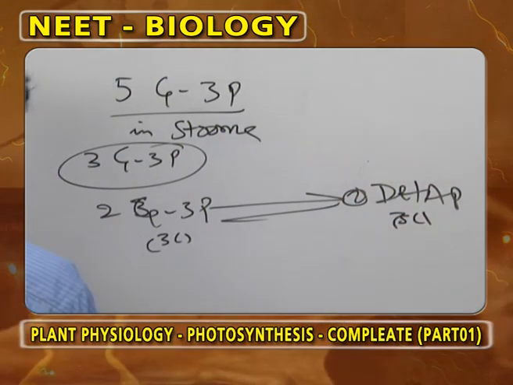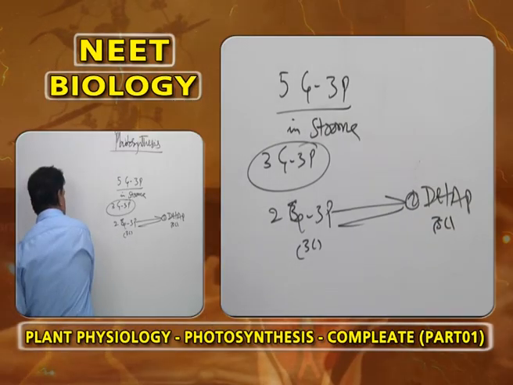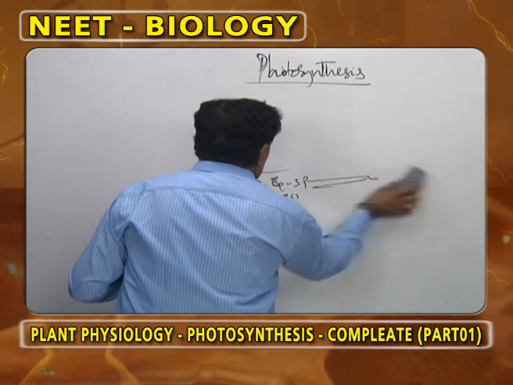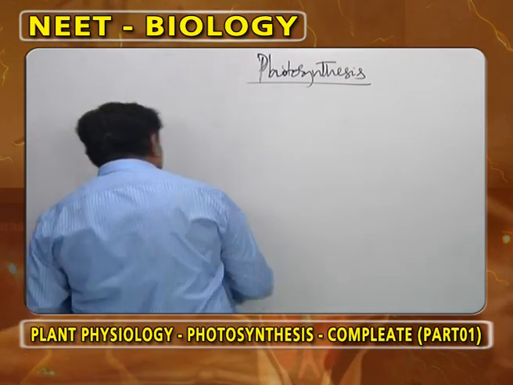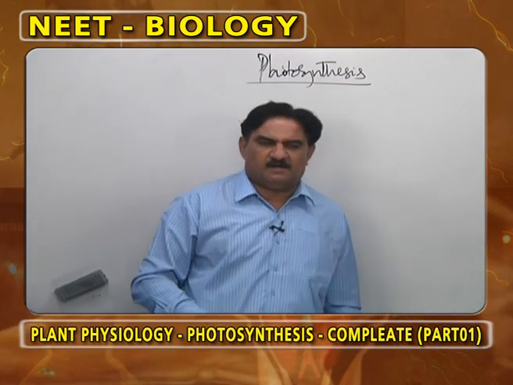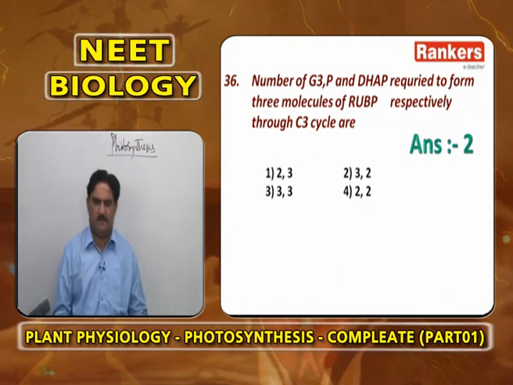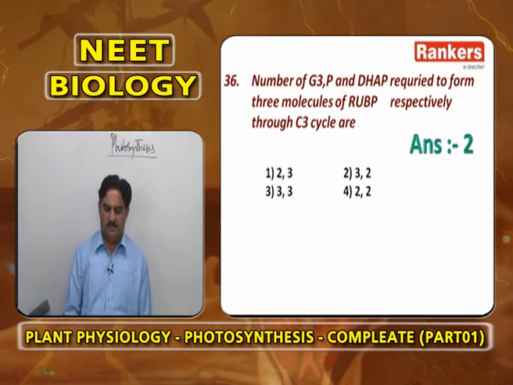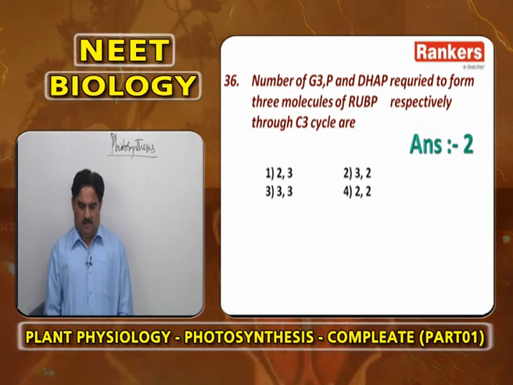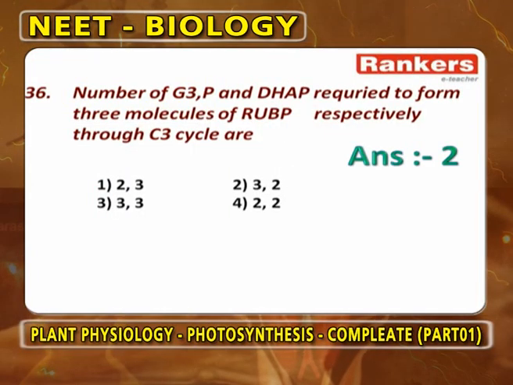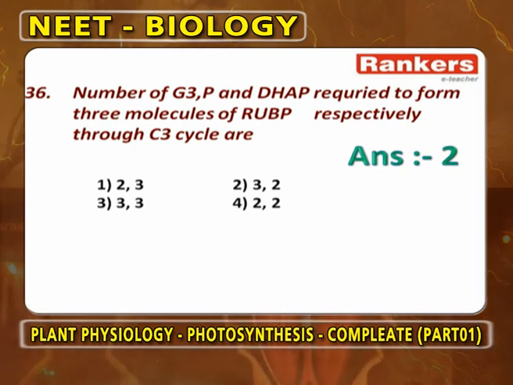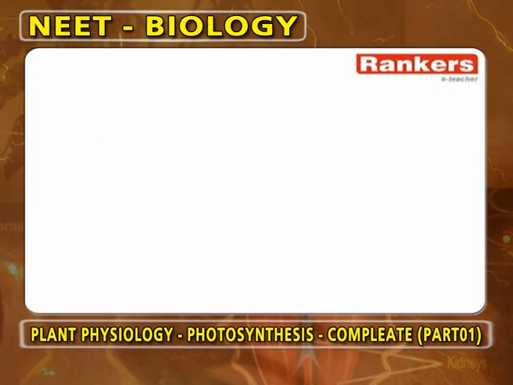So the number of glyceraldehyde 3-phosphate and dihydroxyacetone phosphate molecules for regeneration of 3 molecules of RuBP will be 3 and 2 respectively through the C3 cycle.